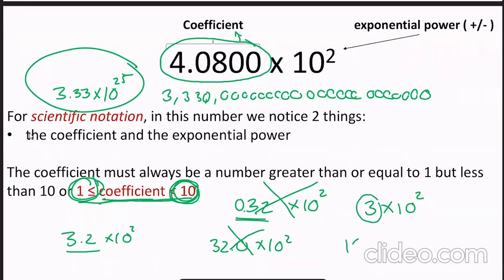My coefficient has to be greater than or equal to 1 and less than 10. 3 is greater than or equal to 1. 3 is less than 10. So this is scientific notation. There's no such goofy rule that says you have to do this.